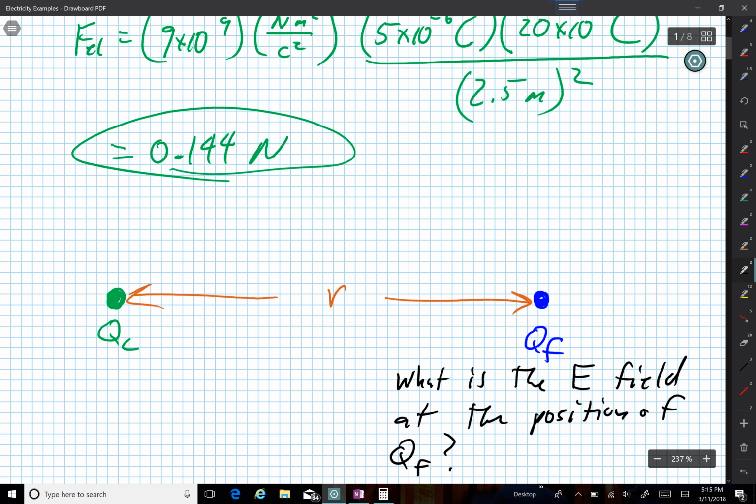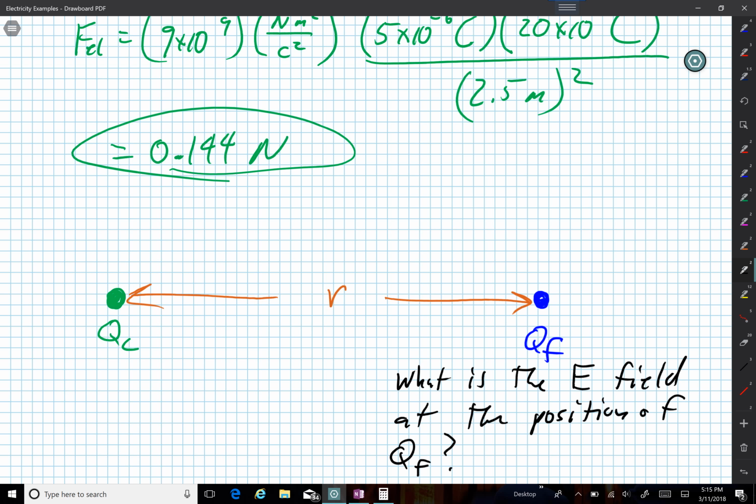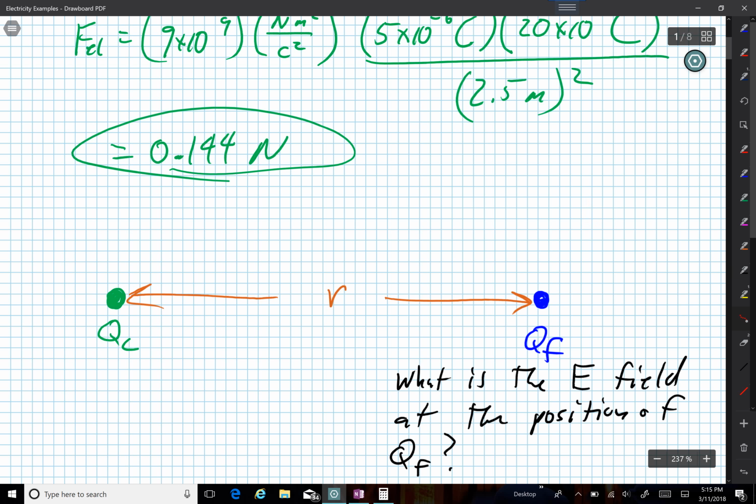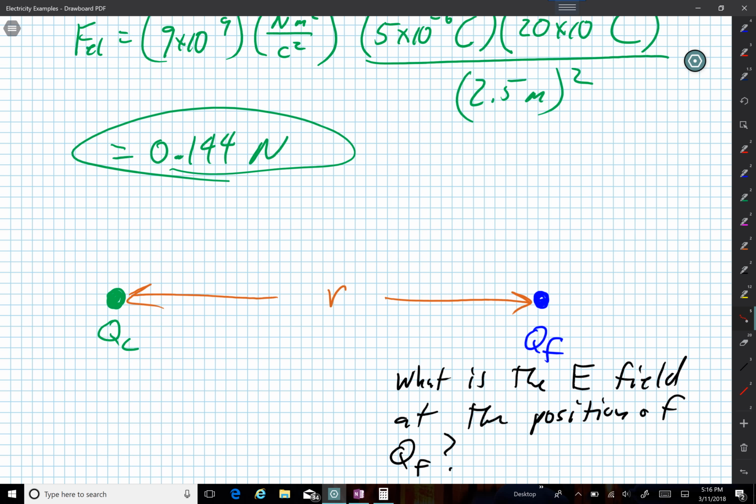Okay, so here's the physics that's going on here. The physics is saying we just calculated that there's a force at a distance. We just calculated there's a force on this field charge, and nothing's touching it, so it's a force at a distance. Why is that possible?